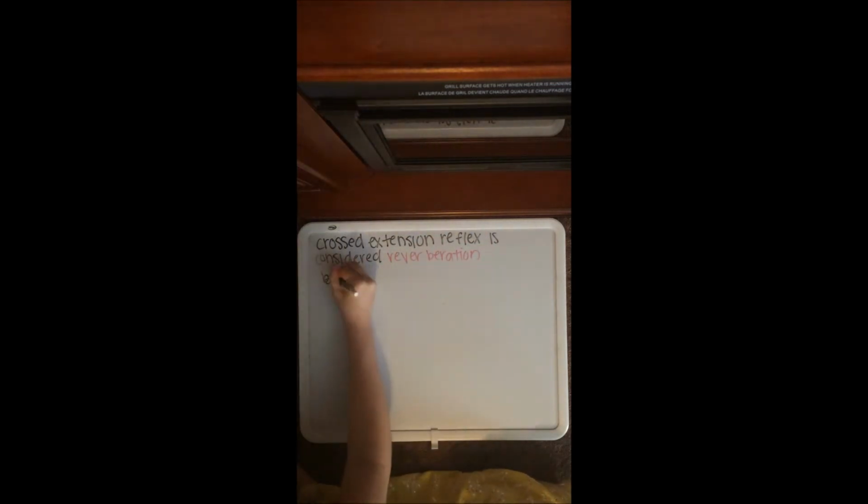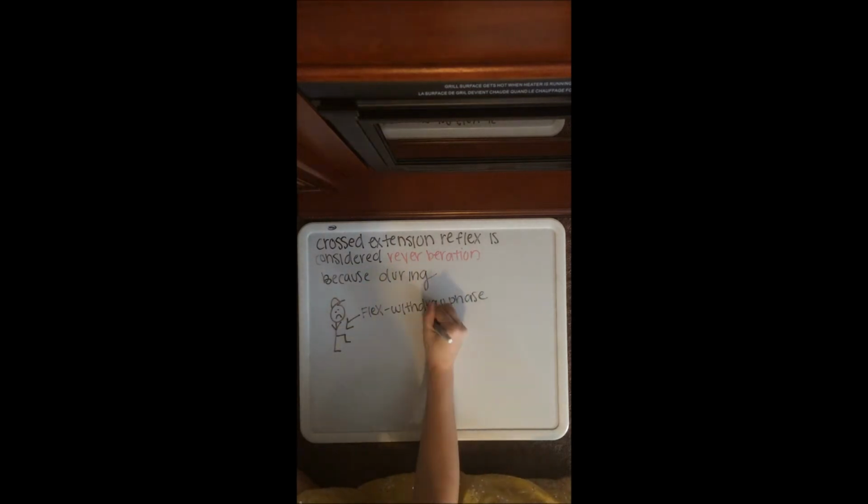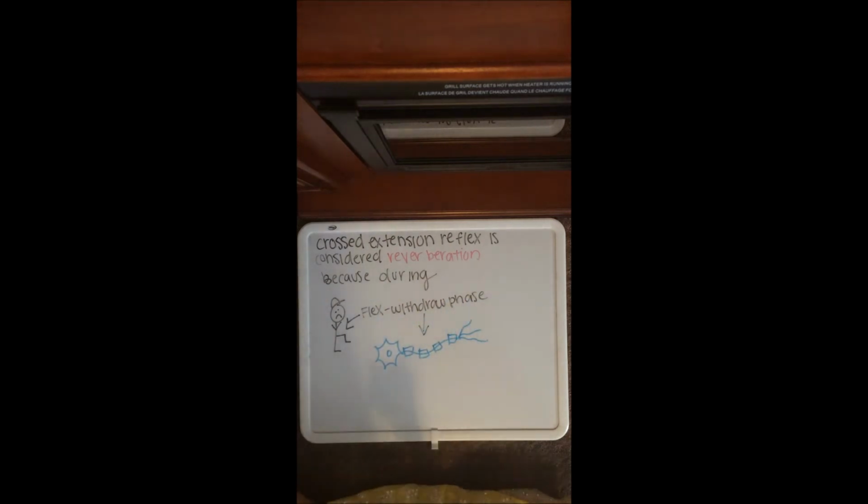Cross-extension reflex is considered a reverberation, because during the flex-withdrawal portion, the branches of the axons reach back toward the impulse and further stimulate the presynaptic neurons.